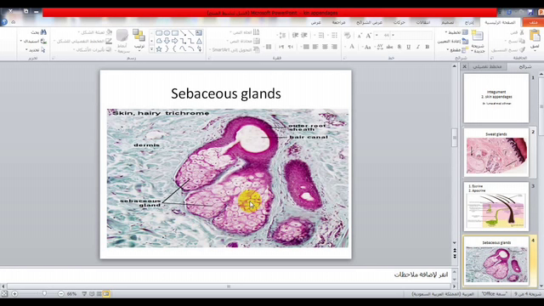It's an accumulation of acini resting on a single basement membrane that opens into a short duct and discharges into the hair follicle. This ductal part is lined by stratified squamous epithelium, as usual.